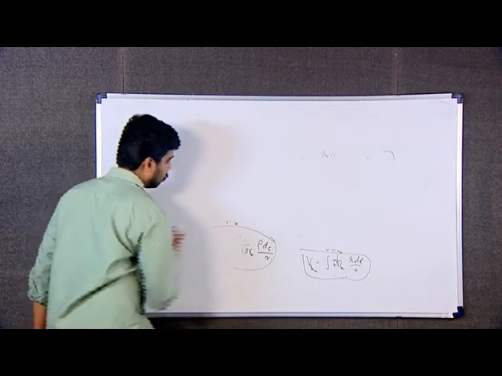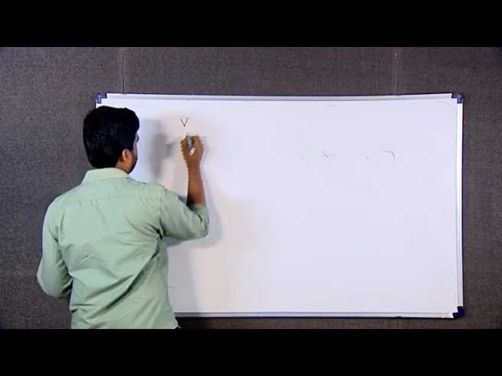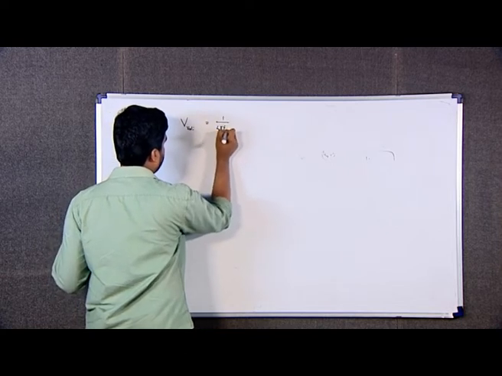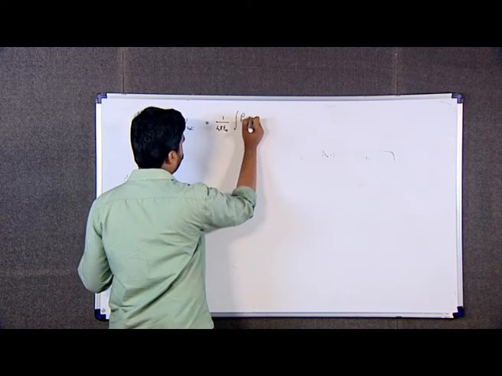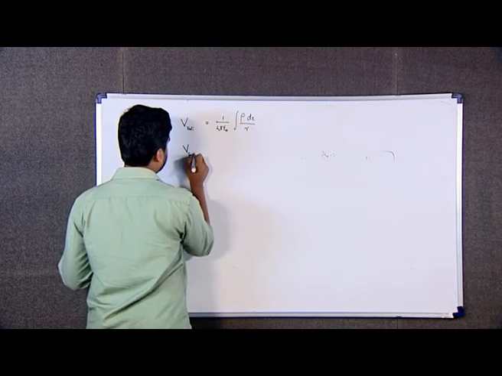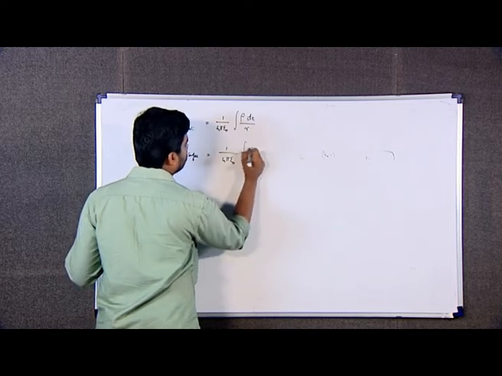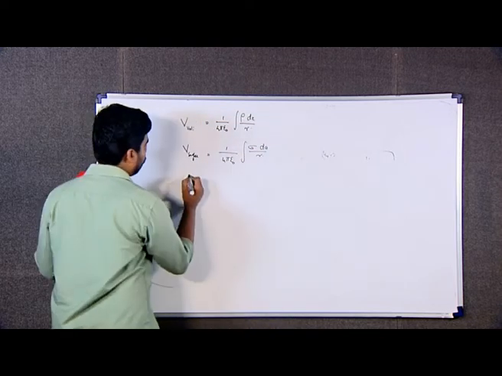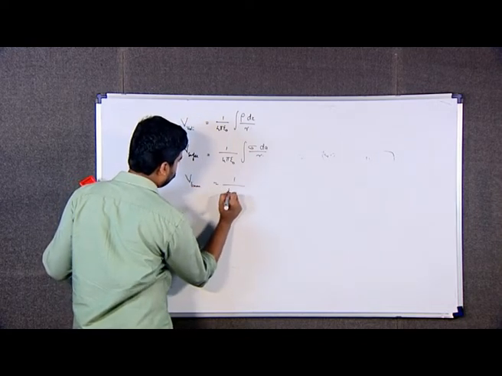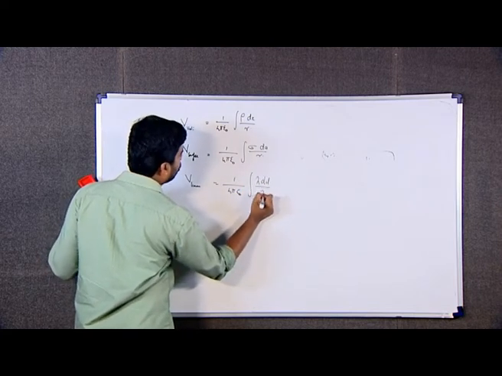So, I will rewrite these equations. For the potential V, for the volume charge distribution, V is equal to 1 by 4 pi epsilon 0 integral rho d tau by r, and V for the surface charge distribution is equal to 1 by 4 pi epsilon 0 integral sigma dA by r, and V for the linear charge distribution is equal to 1 by 4 pi epsilon 0 integral lambda dl by r.